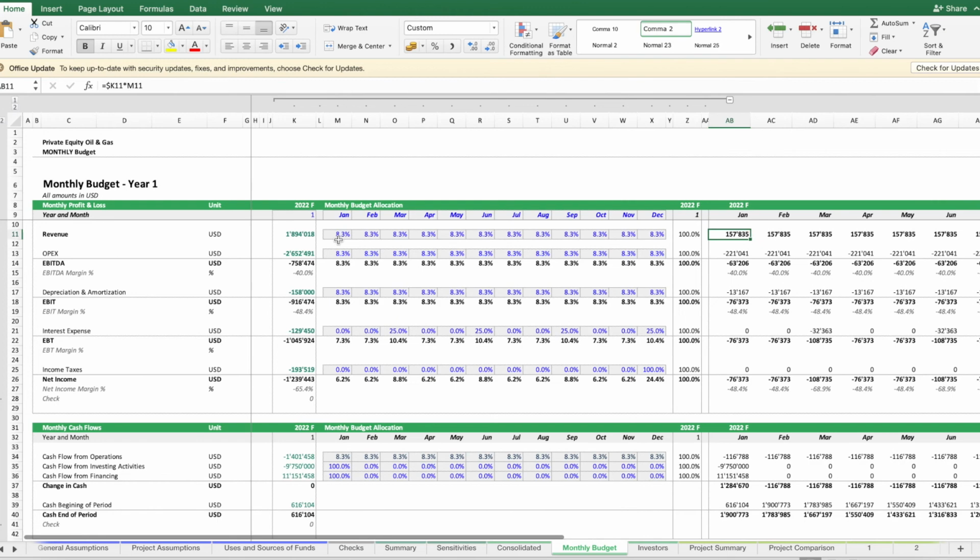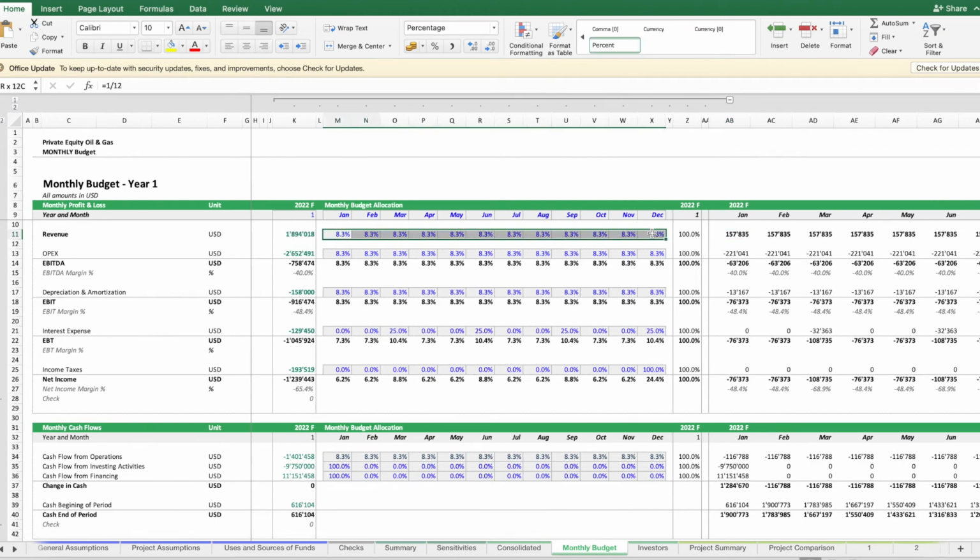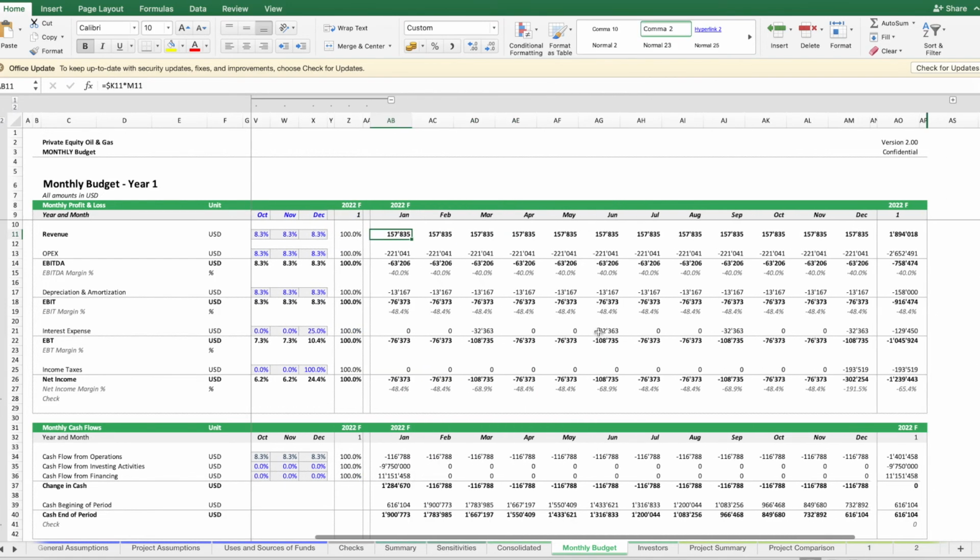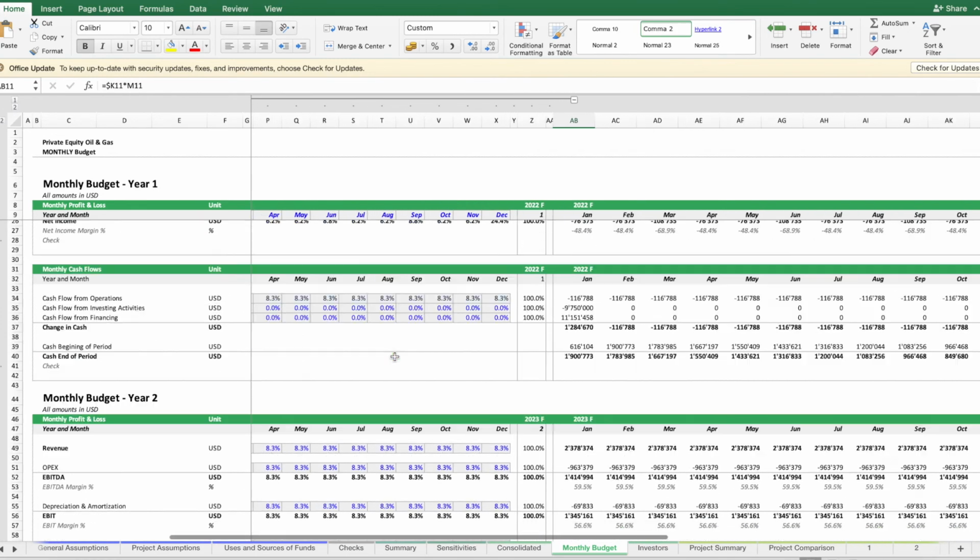What we can do is allocate these yearly cash flows by allocating percentages to each month, and in this way we can come up with a monthly budget in terms of the P&L, but even in terms of the cash flow.